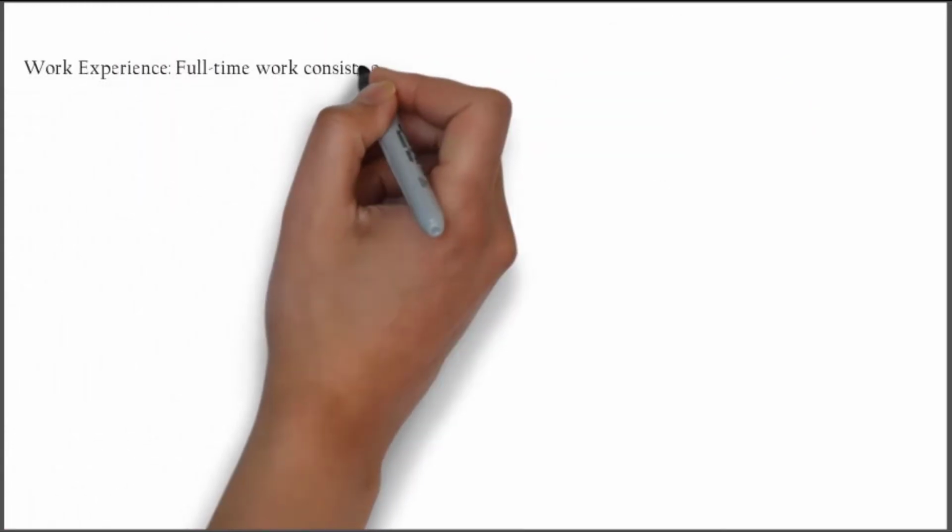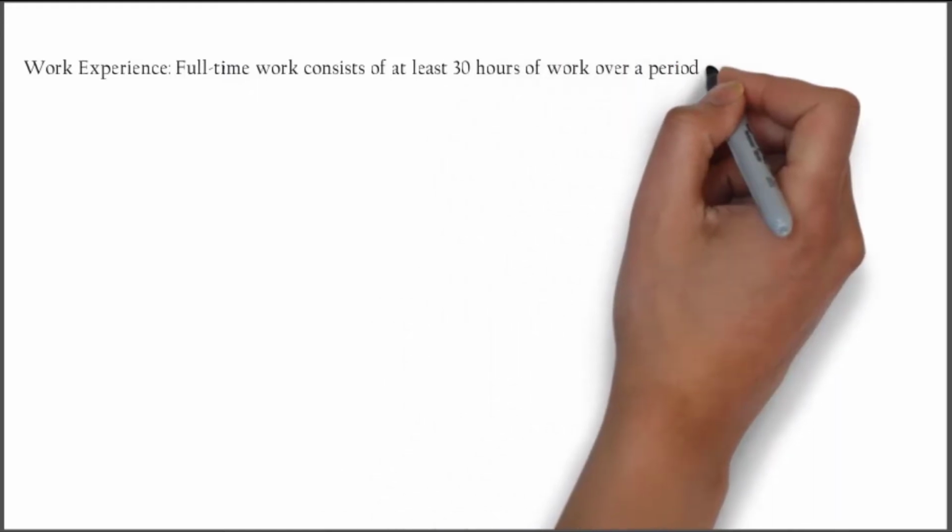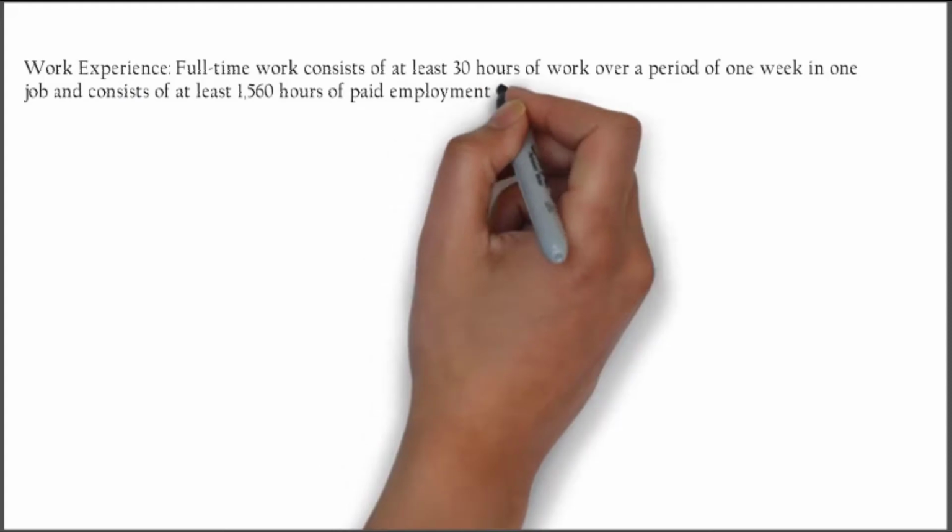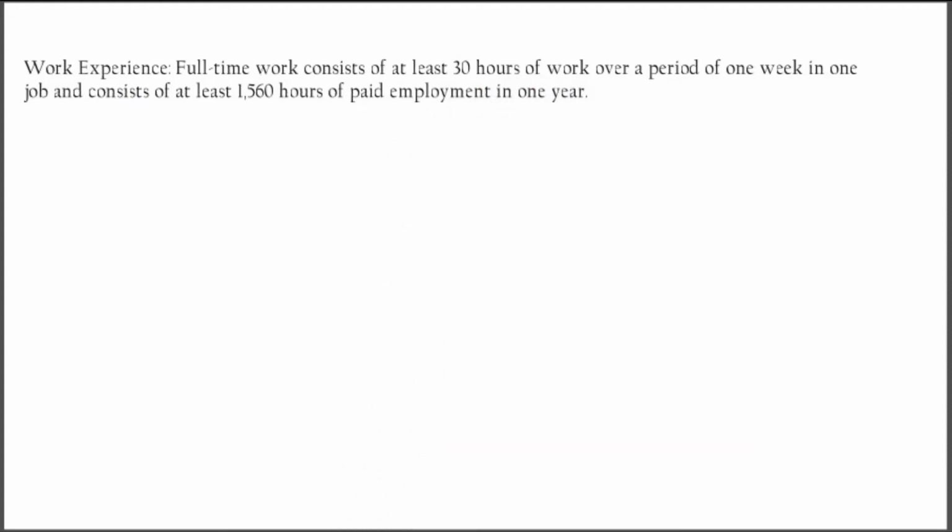Work experience. Full-time work consists of at least 30 hours of work over a period of 1 week in one job and consists of at least 1560 hours of paid employment in 1 year.